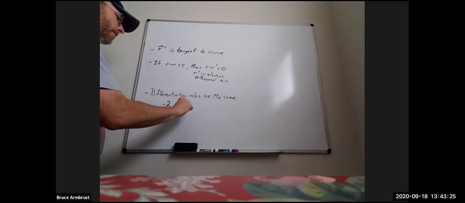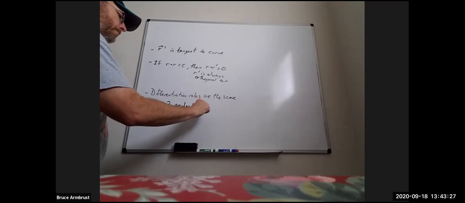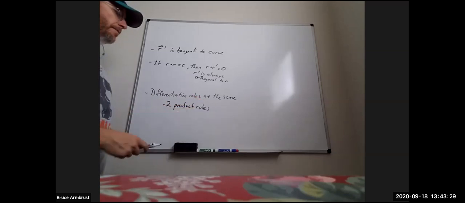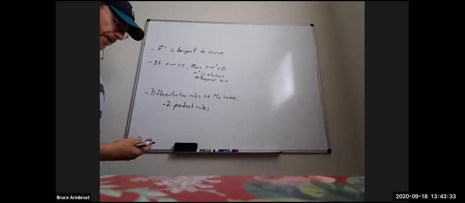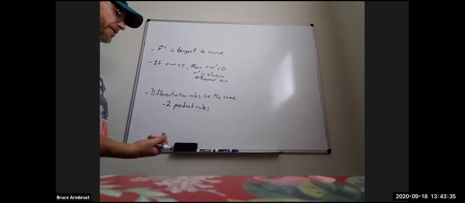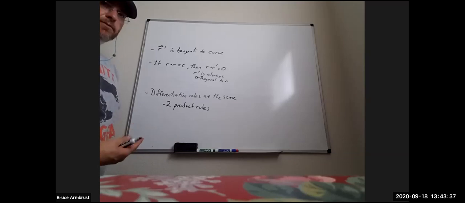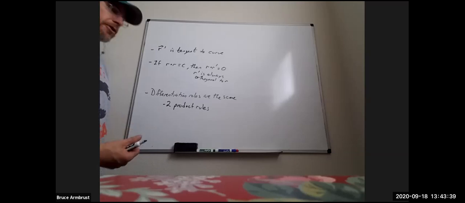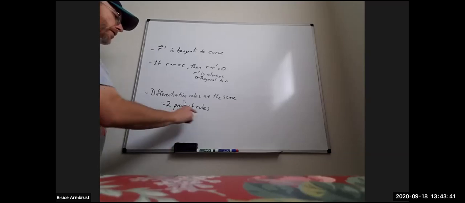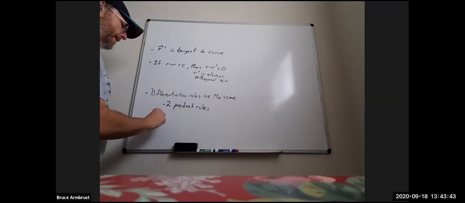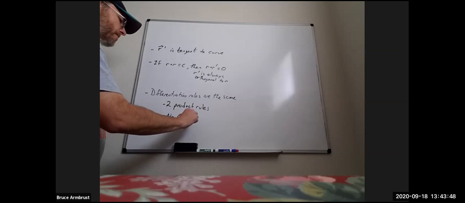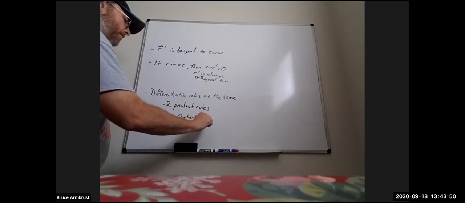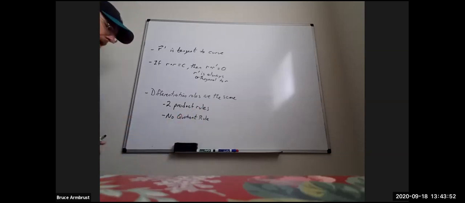We now have 2 product rules because there's one for the dot product and another one for the cross product. Their structure is identical. Just be careful with the cross product because the cross product is not commutative. You need to make sure you have that in the right order. So there are 2 product rules, but there's also no quotient rule. So that's kind of nice.